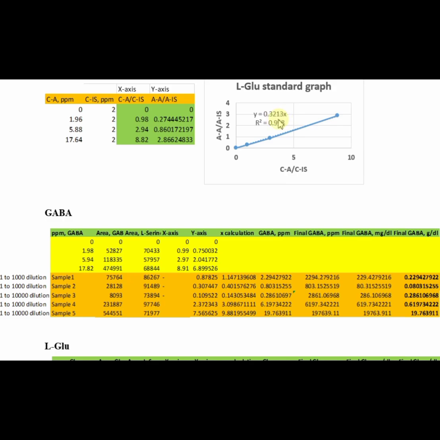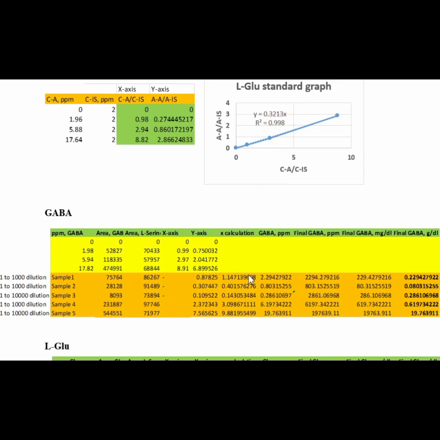Slope means 0.3213, the slope of the standard curve. So we can obtain x value. X means y divided by the slope 0.3213.